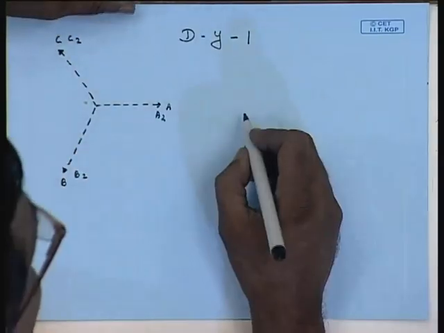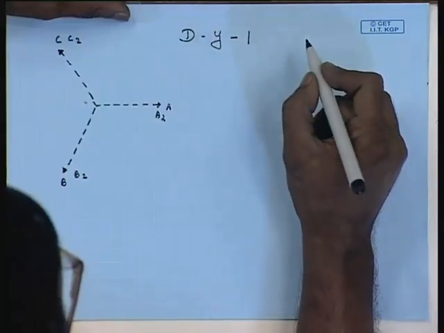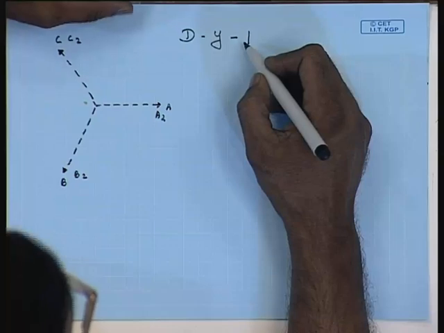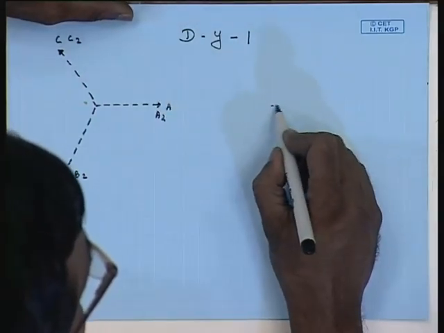Similarly, on the low voltage side, since this is 1, the line to neutral voltage should lag the high voltage side line to neutral voltage by 30 degree.